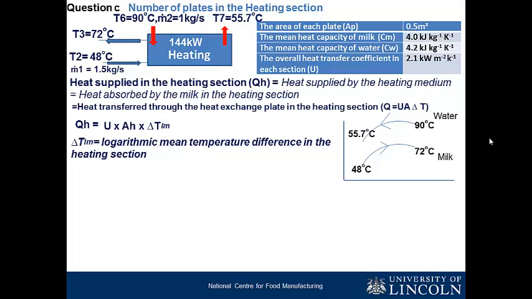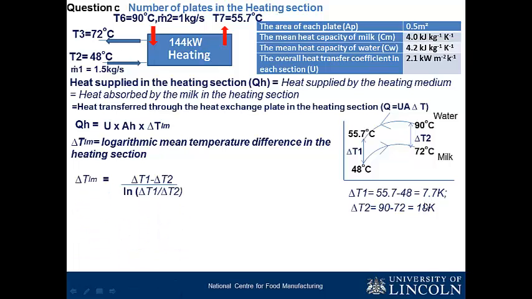So we need to find the temperature difference delta T1 and delta T2. Delta T1 is 55.7 minus 48. Delta T2 is 90 minus 72. So we discovered that these are not the same, so this formula is very important.